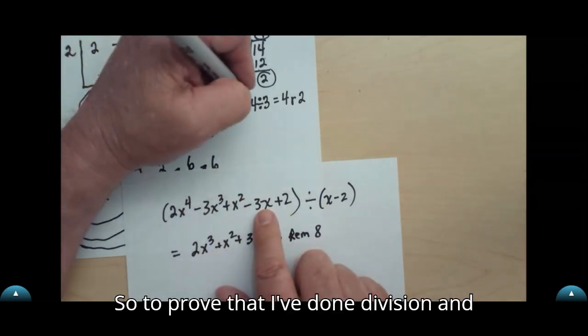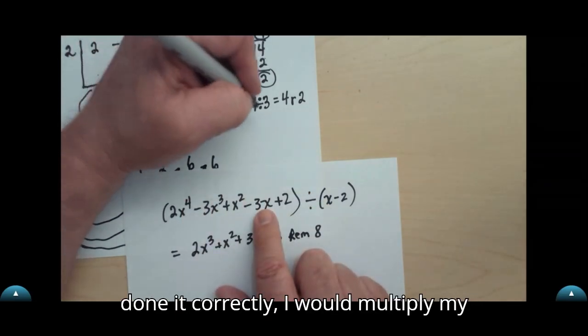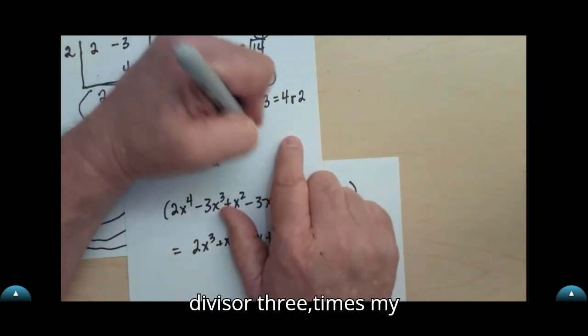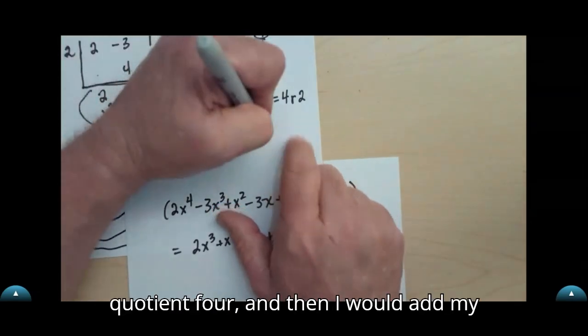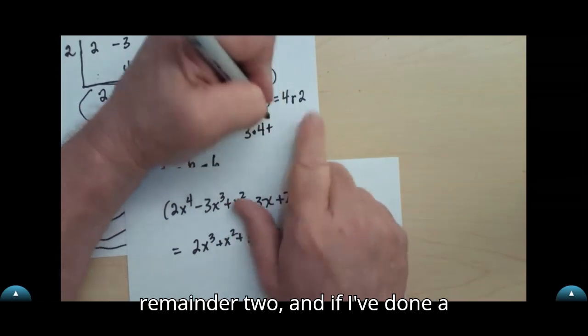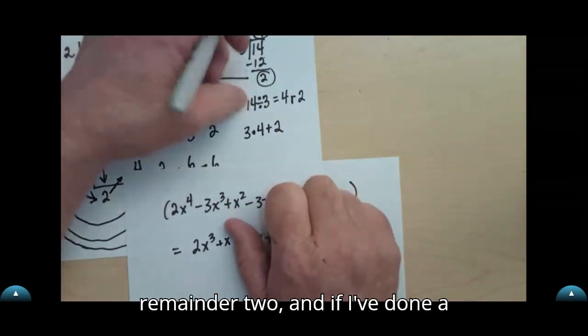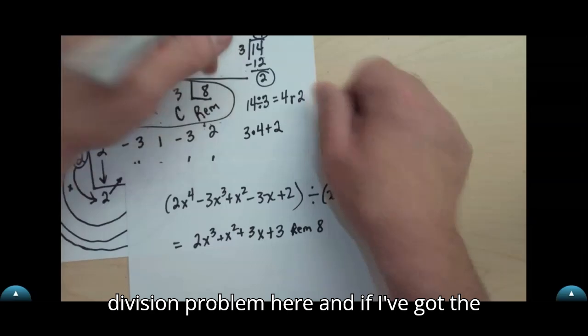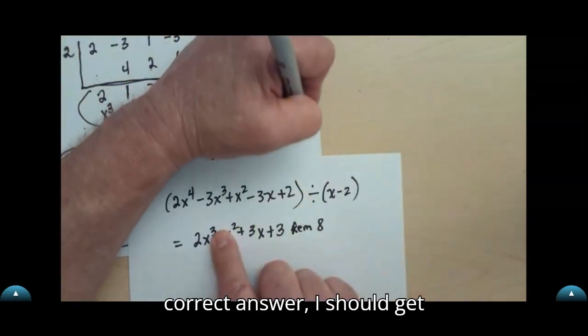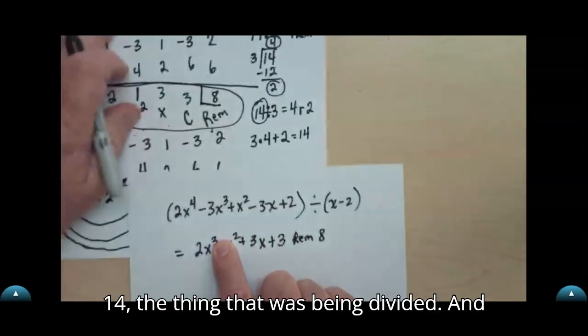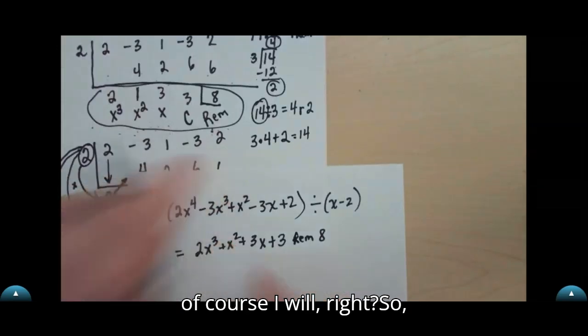So to prove that I've done division and done it correctly, I would multiply my divisor 3 times my quotient 4, and then add my remainder 2. If I've done a division problem and got the correct answer, I should get 14, the thing that was being divided. And of course I will, right?